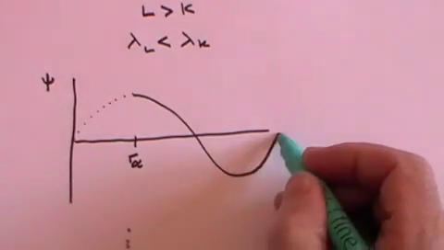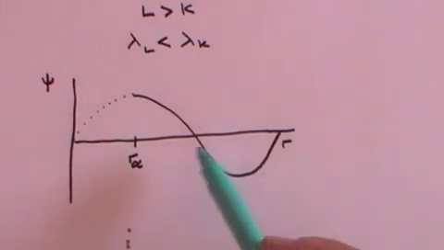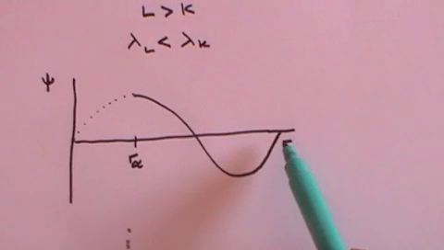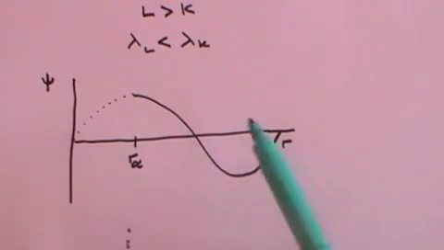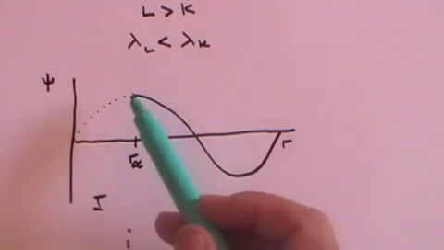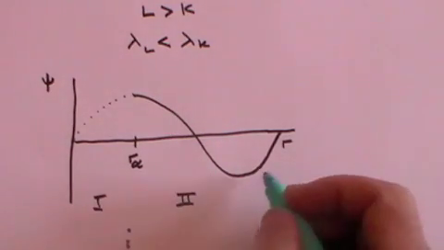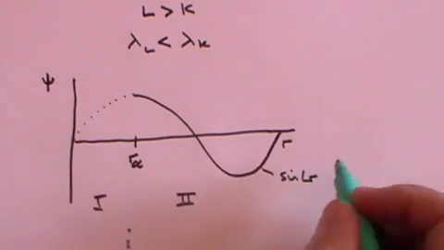And then it's going to look something like that. Okay, so the LR wave, I've plotted in solid form only in region 2 where it exists.